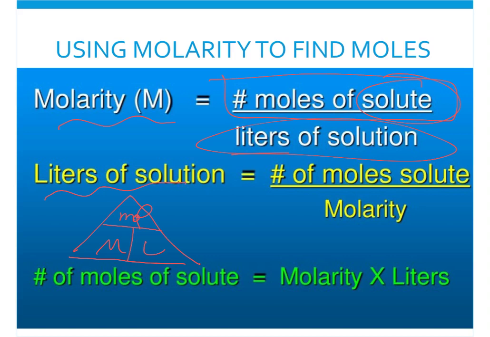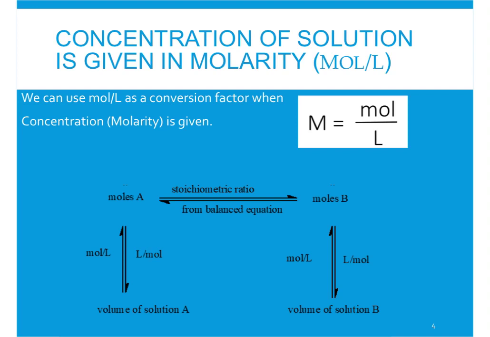If you cover up whatever you're solving for, so if you're solving for liters, that tells you it's going to be moles over molarity. And similarly, if you're solving for moles, that tells you that it is going to be molarity times liter. So be real familiar with rearranging the molarity equation to solve for any of those three variables.